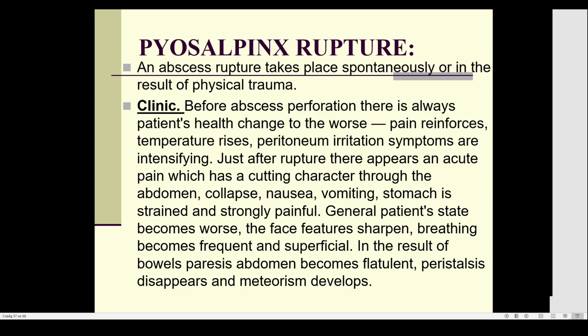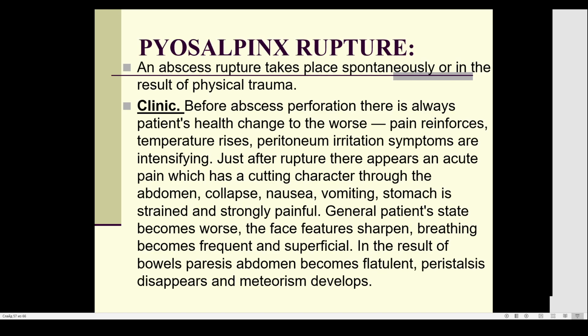Clinical picture: before abscess perforation, there is always a change in the patient's health for the worse. Pain intensifies, temperature rises, peritoneal irritation symptoms intensify. Just after rupture, an acute pain appears which has a cutting character through the abdomen, collapse, nausea, vomiting, the stomach is strained and strongly painful.